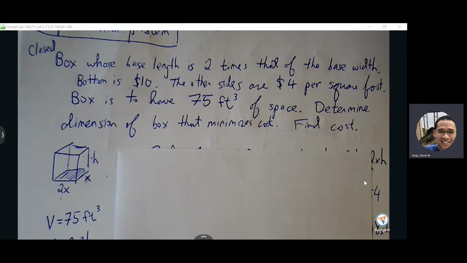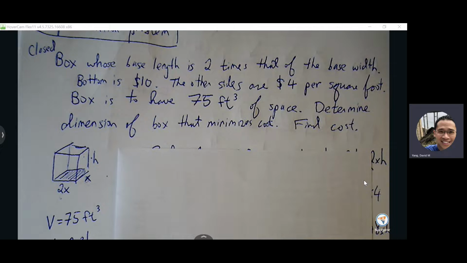So we want to build the shape of the box first. And then we want to understand that we want to ultimately minimize cost, right? And in minimizing the cost, it's going to be associated with the surface area and not the volume.